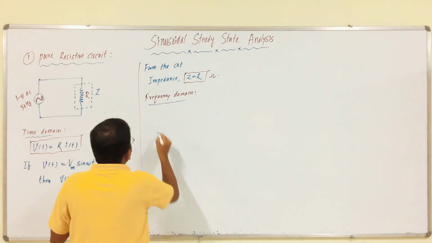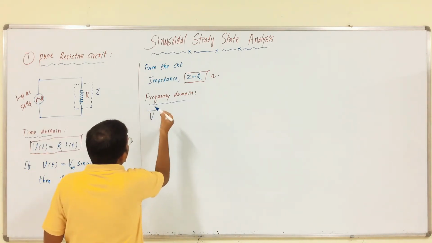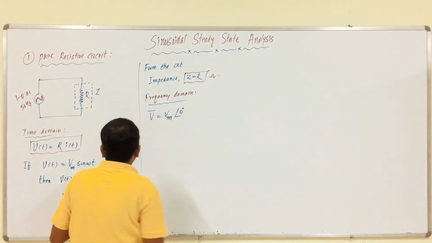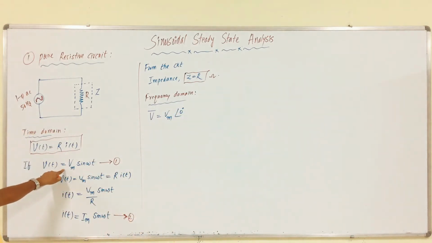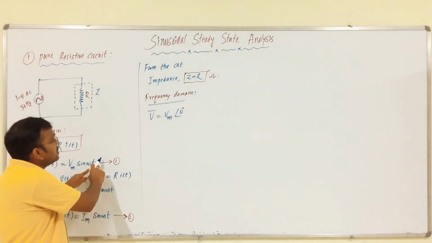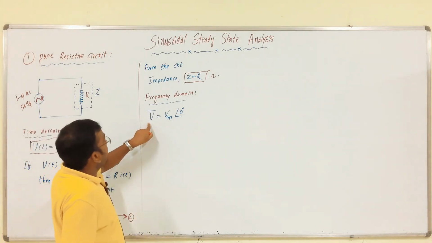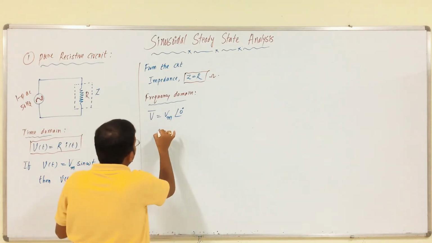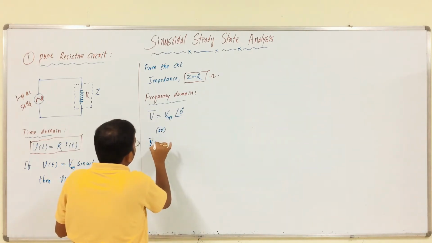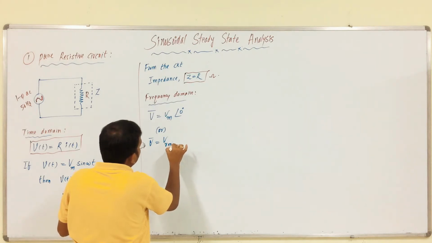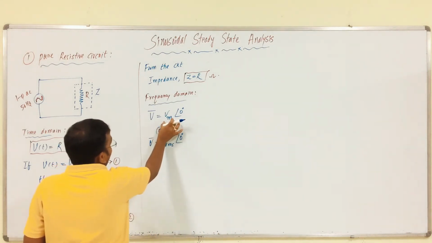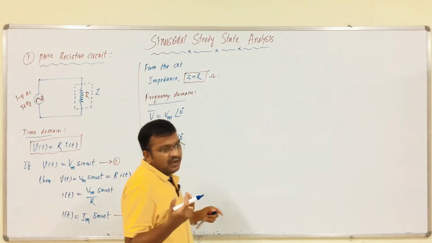Here we are considering Vm at an angle 0 degrees. Why is it 0 degrees? We are considering Vm sin omega t plus 0. That is why the voltage is Vm at an angle 0, or you can consider it with respect to RMS also, there is no problem at all. Clear? Maximum value voltage, simple. What is the polar representation?